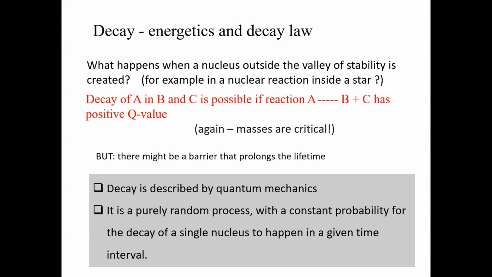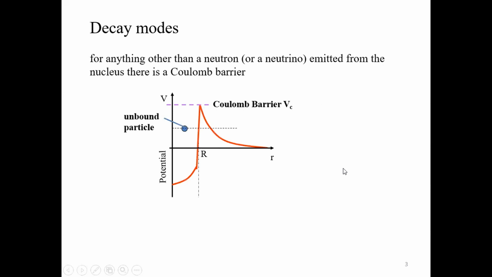Then we know that there are several modes, and except the case other than the neutron or the neutrino emitted from the nucleus, there is always a Coulomb barrier. The Coulomb barrier has certain height, and the particle which is within the potential and in the bounded state remains within the bounded state.